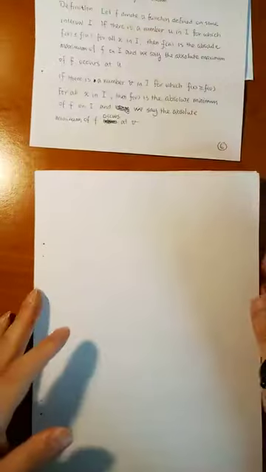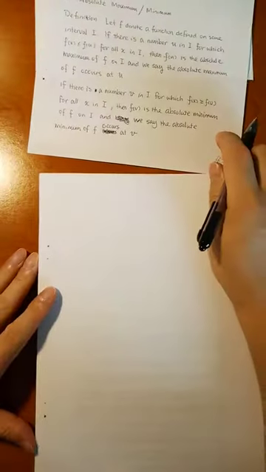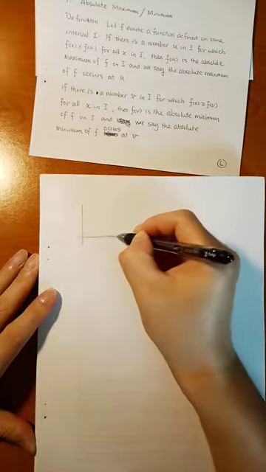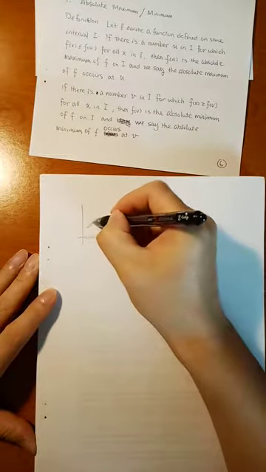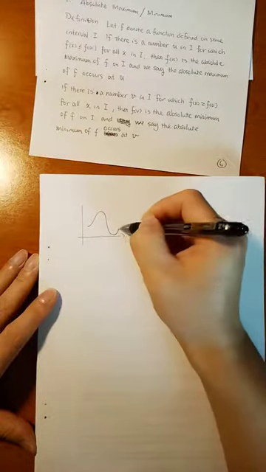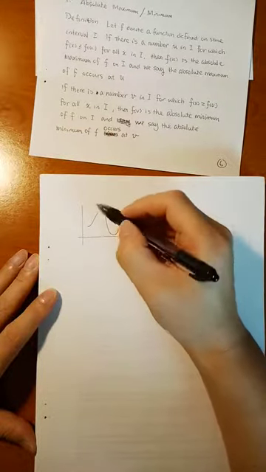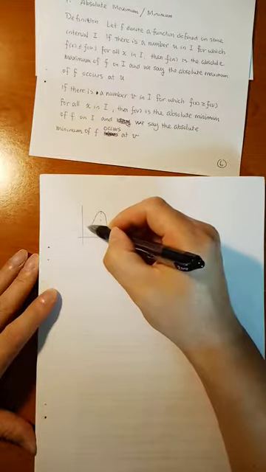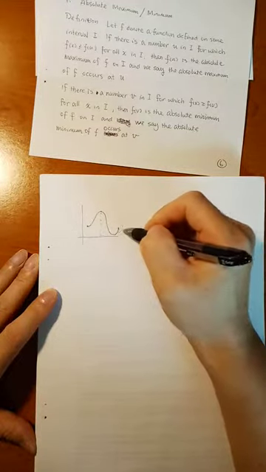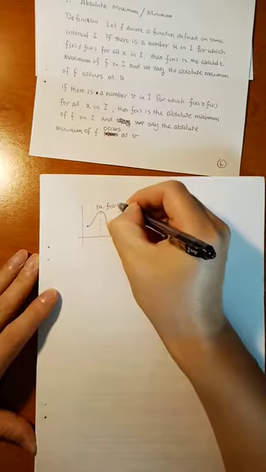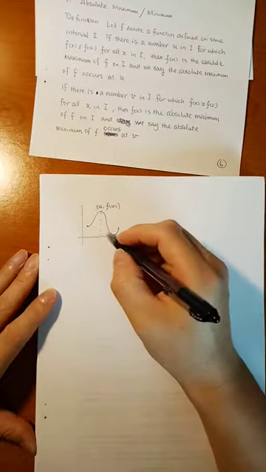So for example, here you can see that this point is the highest point over the domain. Now we only have this domain, and this becomes f(u), the absolute maximum.